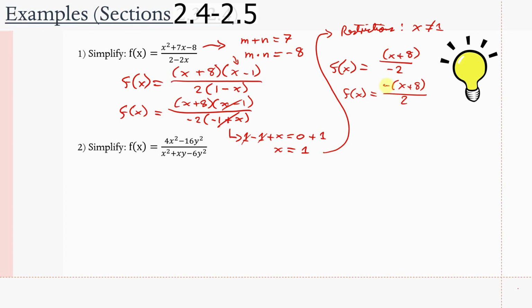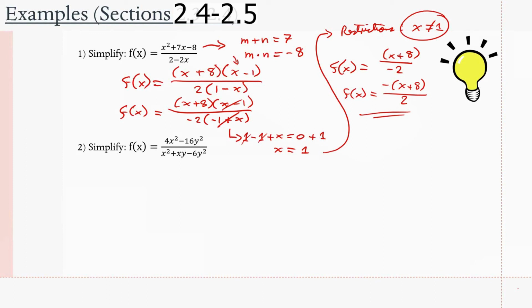You can switch around that negative sign as you wish, or you can even put it here. Doesn't really matter. Okay, that's your final answer for question 1. And we don't have any more restrictions, it's just this, because nothing else can make the denominator 0, just that value of x.